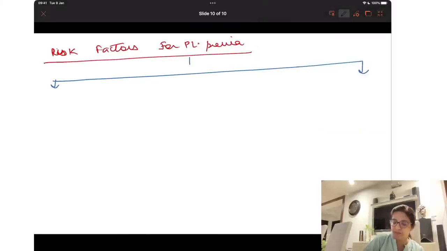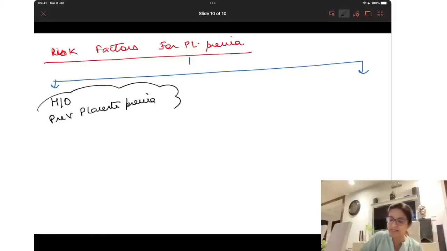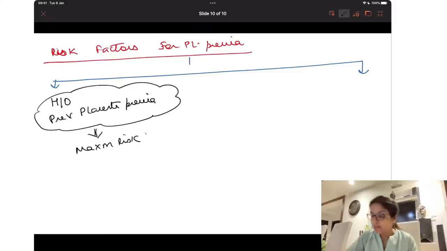Number 1, if there is a history of previous placenta previa. If there is a previous history of placenta previa, that has the maximum risk. Maximum risk. Right? Then, if there is a big placenta.